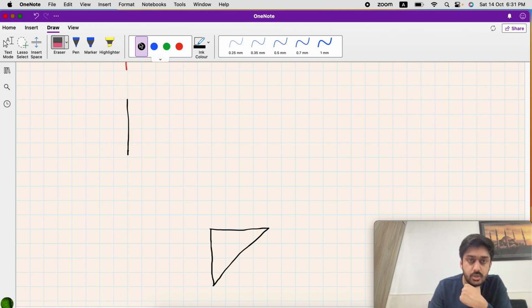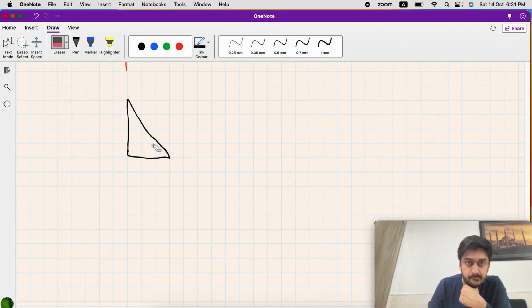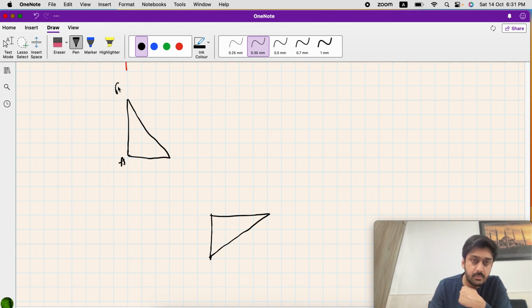Let me change this a bit to differentiate between the three sides. If I label them A, B and C, for 90 degrees this would be A dash. B, look at this, this is 4 units, this is 3 units. So this should be B dash and this is C dash.